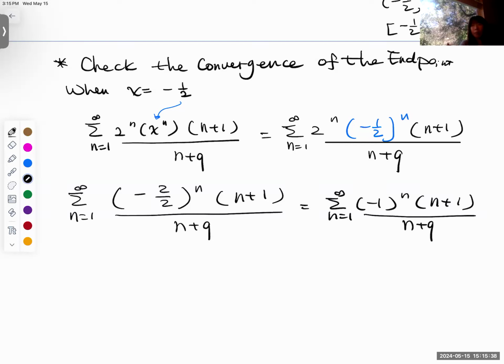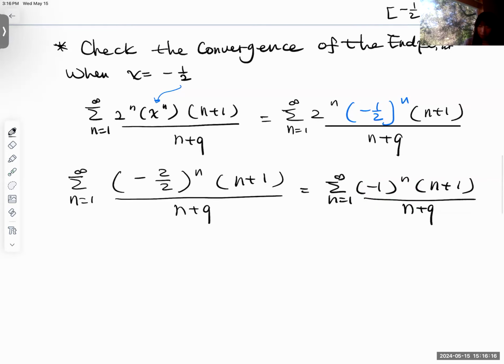Okay, now what kind of test, what kind of series do we apply to know whether it converges or diverges in this case? I'm going to give you a hint. We have this one. It's the alternating series test, right?